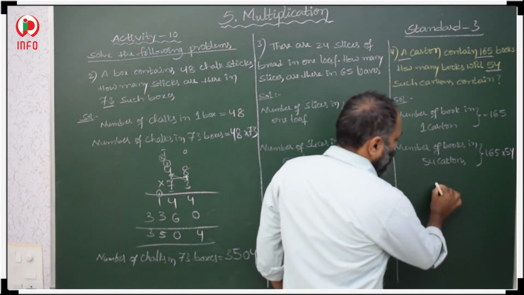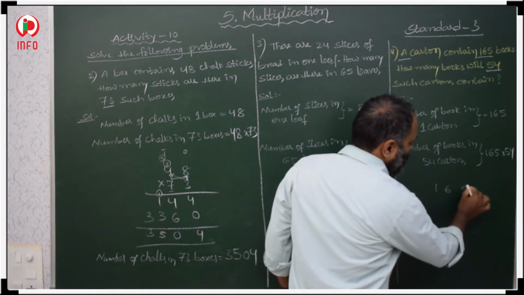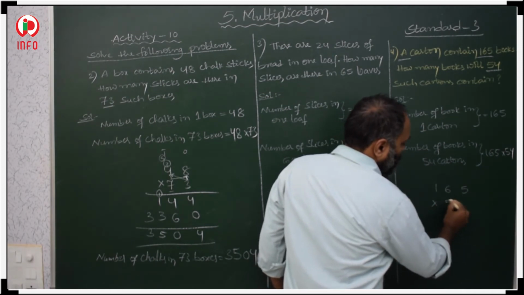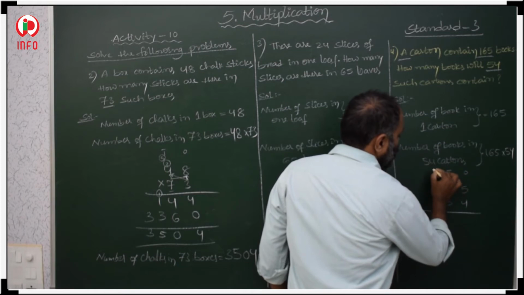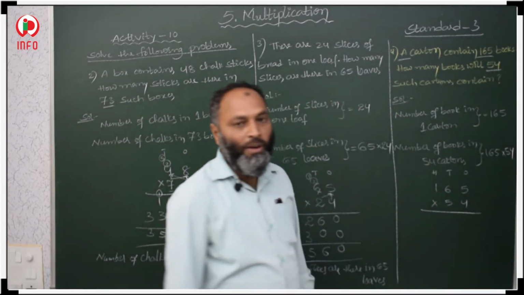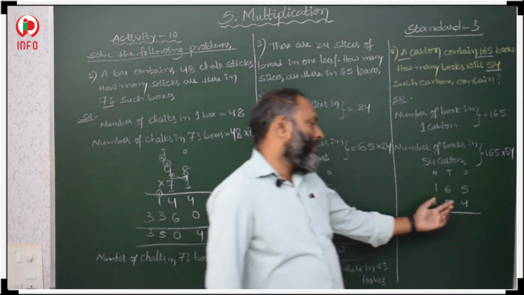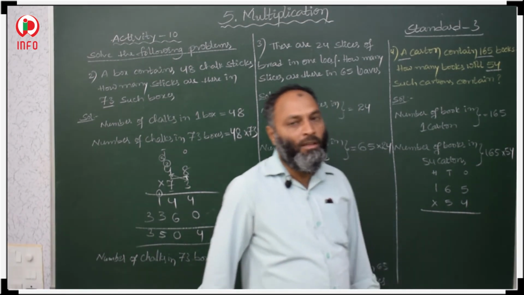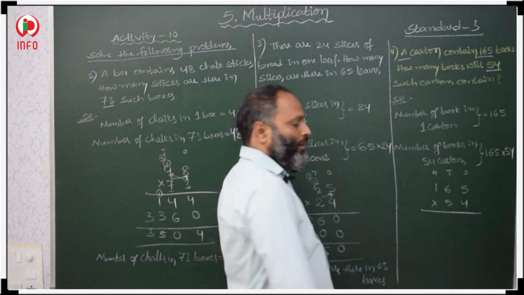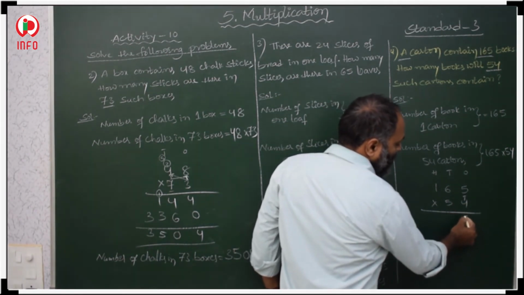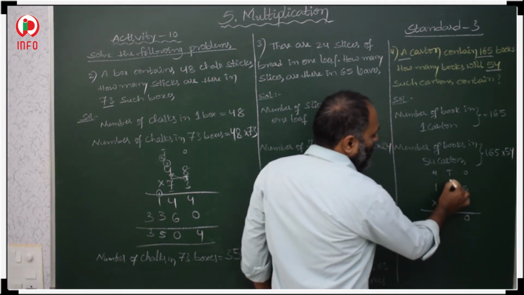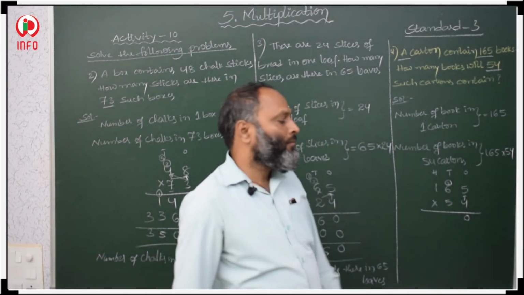Now 165 with 54. This is ones, tens, hundreds. Now it is our 3-digit number. We are going to multiply the 3-digit number with our 2-digit number. First 4 with 5, 4 5s are 20, 20 means 0 in the ones place, 2 in the tens place.